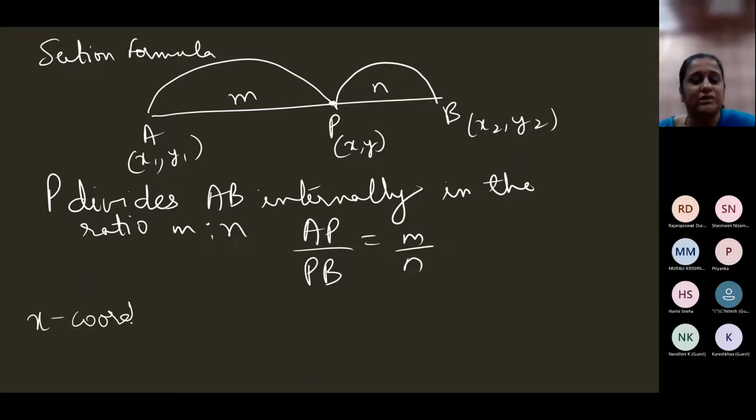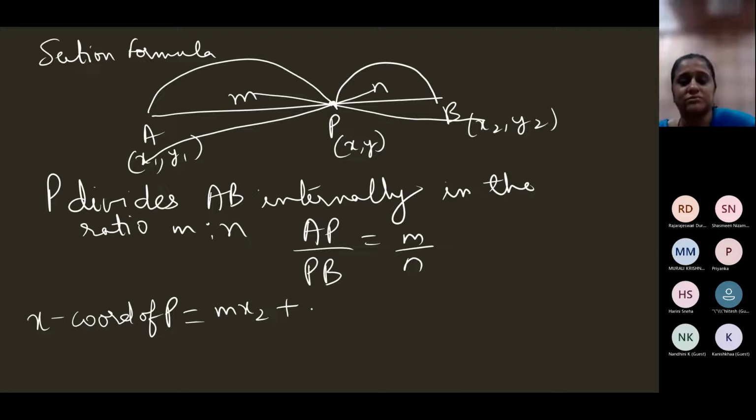The x coordinate of P is given by the formula mx2 plus nx1 by m plus n.